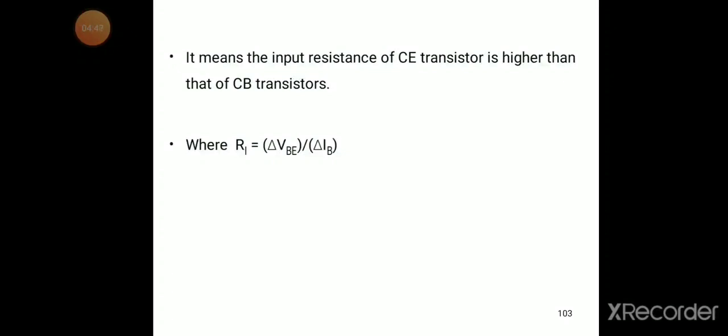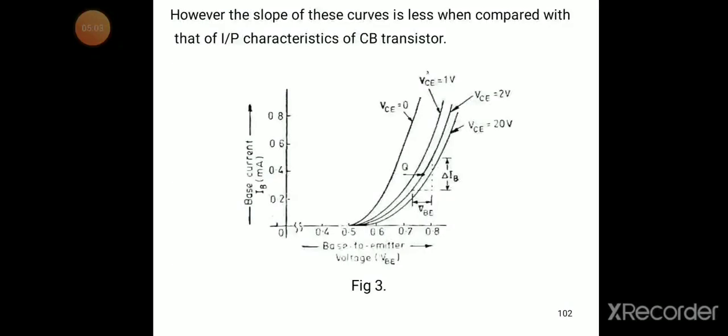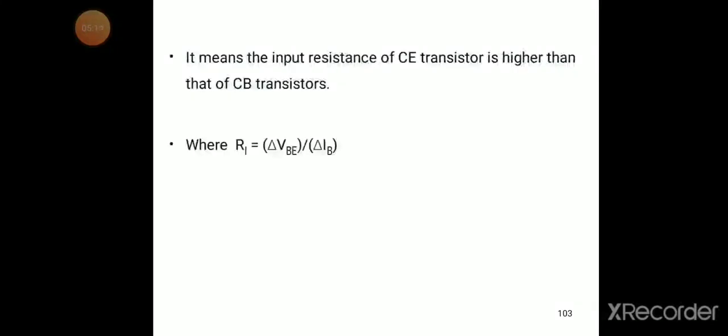The common base has a lower input resistance. The input resistance is delta VBE by delta IB, taken from the readings. You can see delta VBE on the x-axis and delta IB on the y-axis. That gives the input resistance of the characteristics we have.